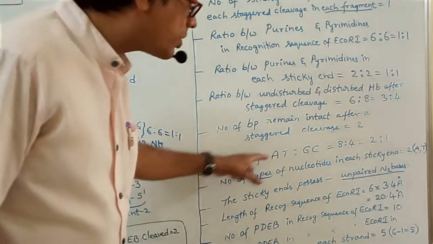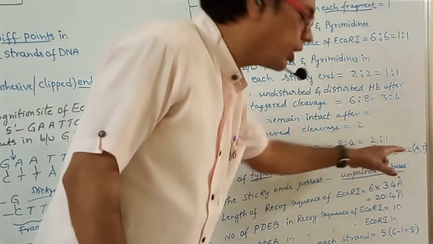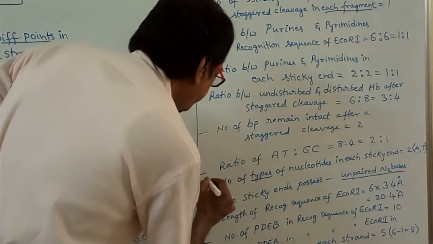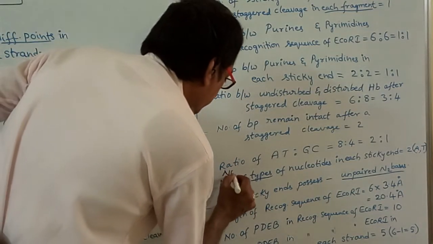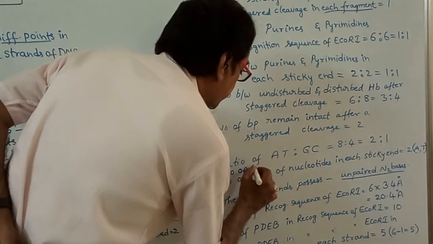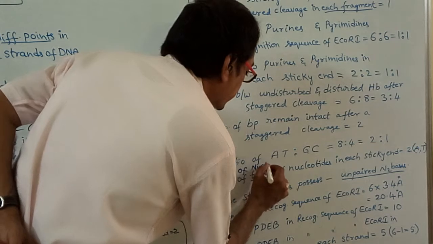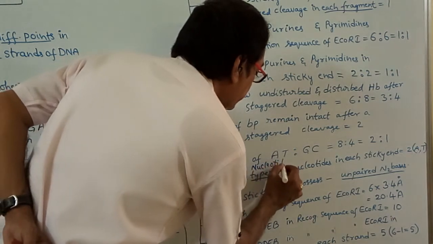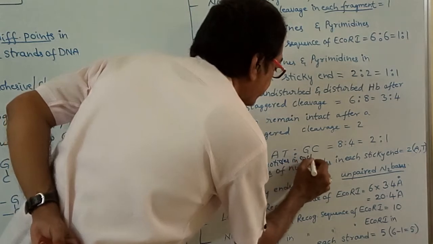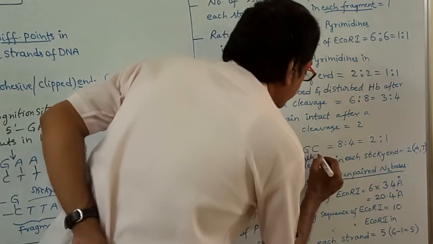Number of types of nucleotides in each sticky end is 2.